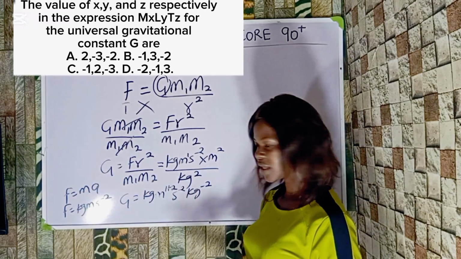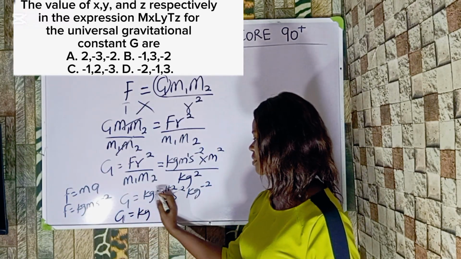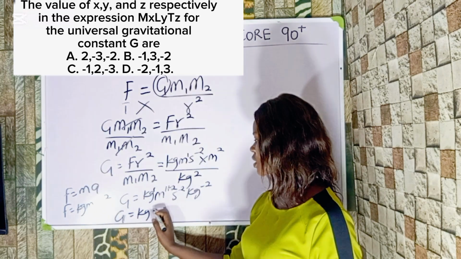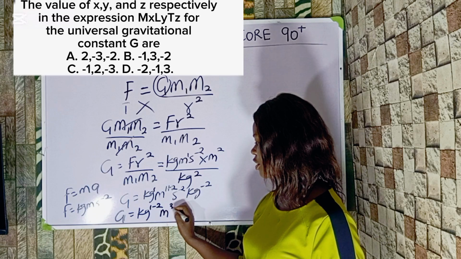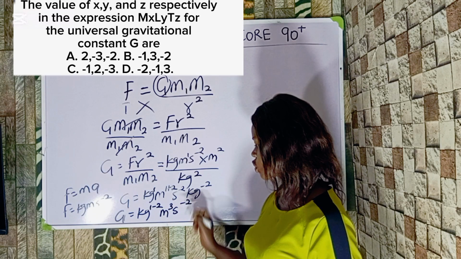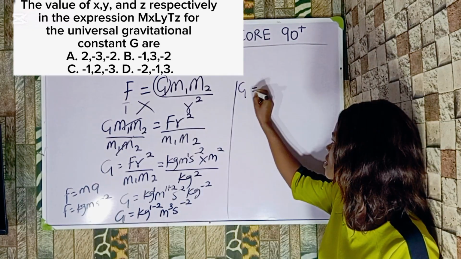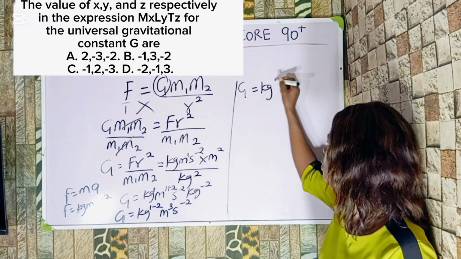Let me bring them together. G is equals to kilogram. This is 1, okay? And this is minus 2. So this becomes 1 minus 2, then m power 3 and s power minus 2. Do we understand? So that gives rise to G is equals to kilogram. 1 minus 2 is minus 1.